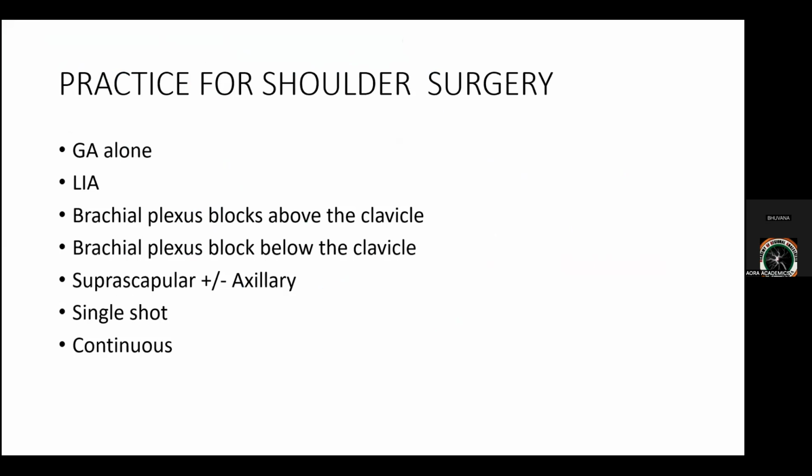What is your practice? Either GA alone, local infiltration, blocking the plexus above the clavicle, below the clavicle, or selective axillary nerve plus supraclavicular, single shot or continuous, based on the patient's decision, the surgeon and resources available.